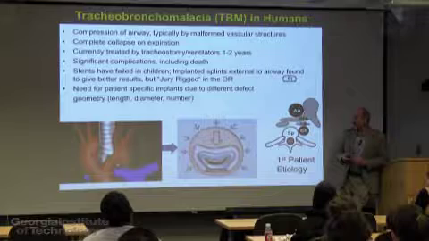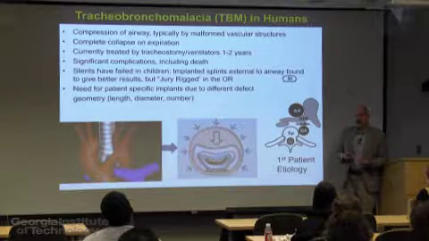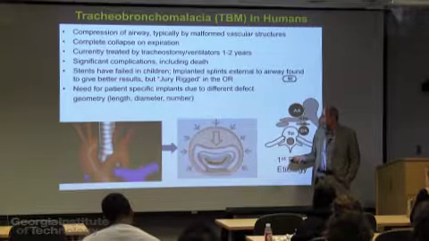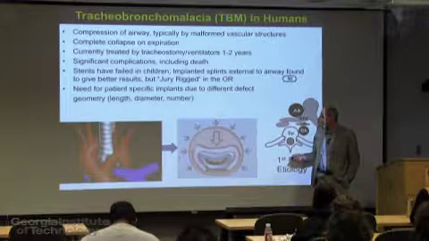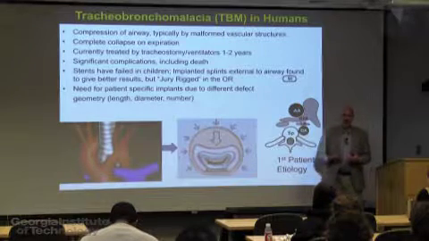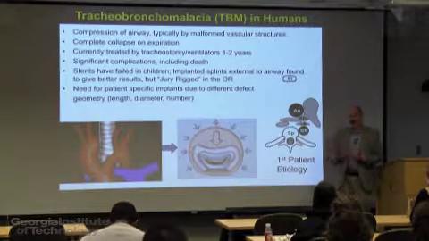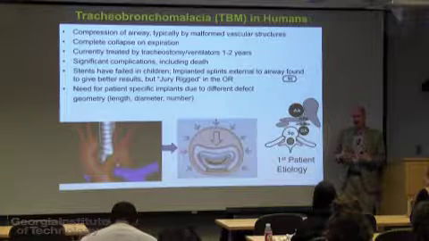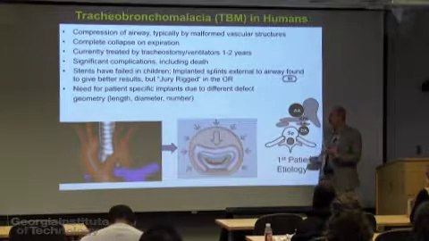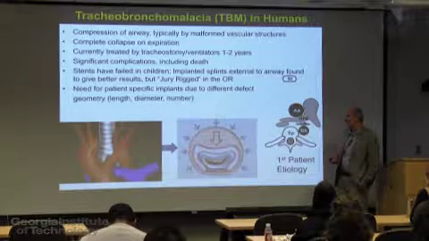It usually occurs because of vascular malformations, like the aortic ring here, that create abnormal mechanical pressure on the airway. We believe that because of this, the airway doesn't develop its normal morphology, especially the cartilage rings, and therefore you have what's called a malacic, or very soft, floppy airway.